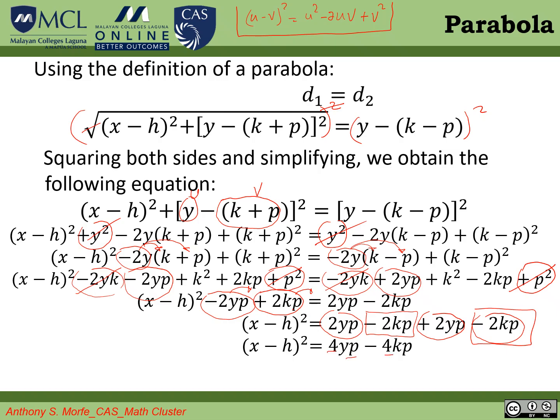Okay, 4p, so factoring out, we got this. So we have x minus h squared equal to 4 times p times y minus k. So this is now the equation, or the standard form equation, of the parabola with the vertex at h, k.